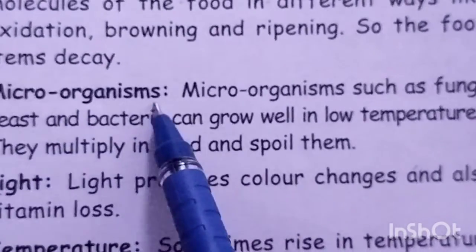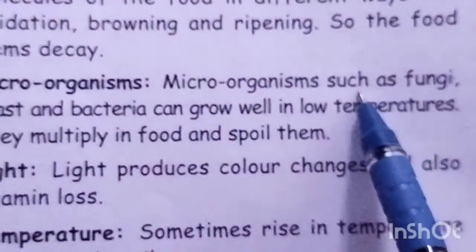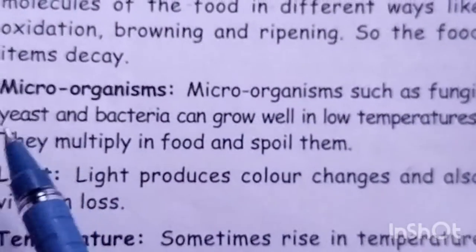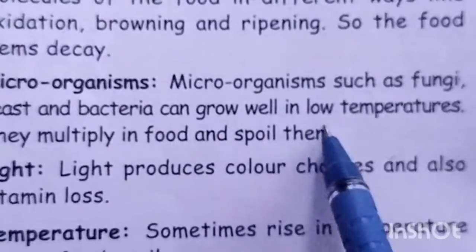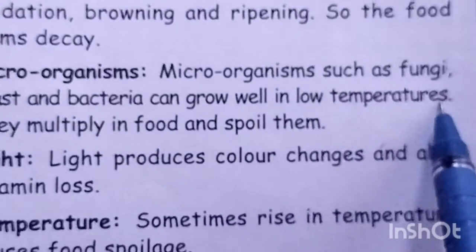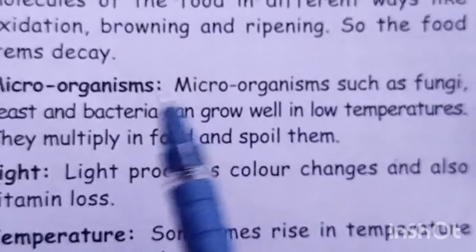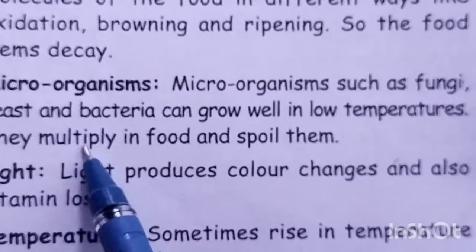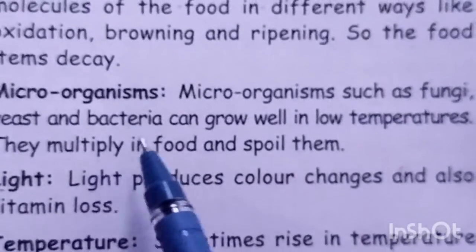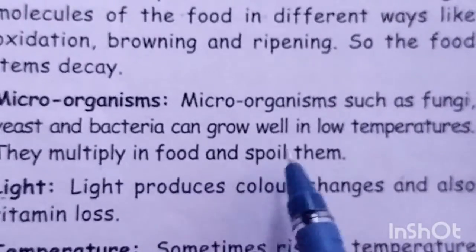Students, microorganisms such as fungi, yeast is one of the fungi, and bacteria can grow well in low temperature. So in the low temperature they multiply. Multiply means increase in number in the food and spoil them.